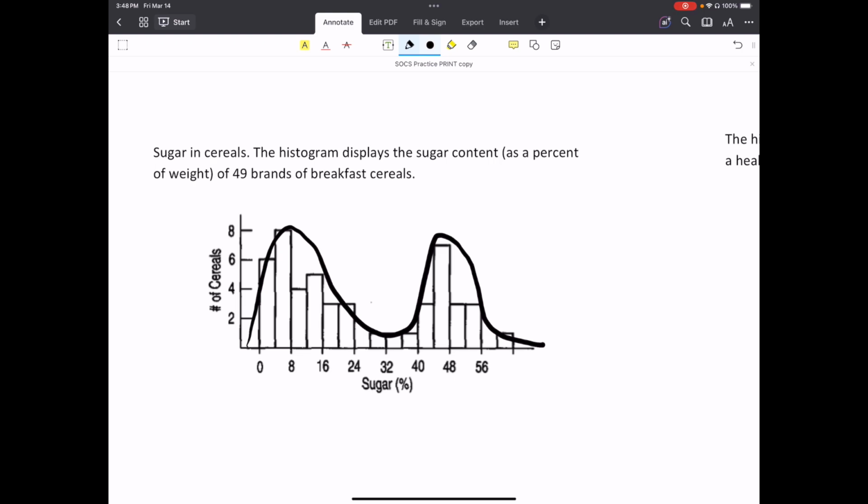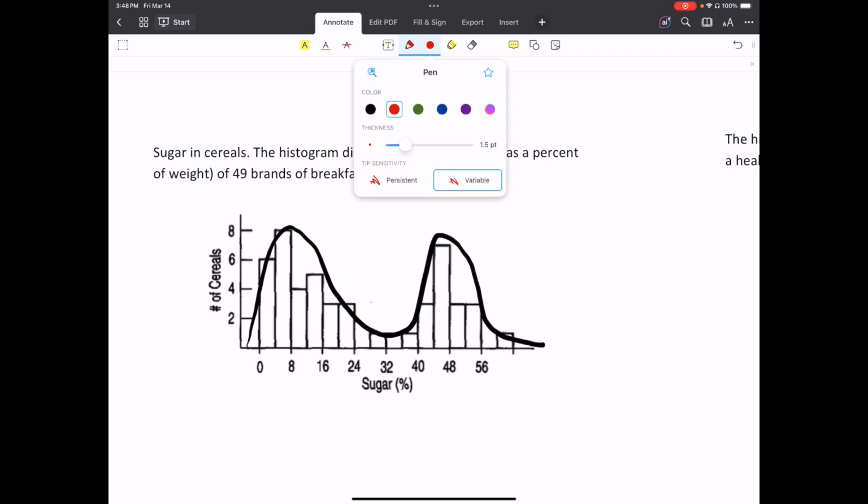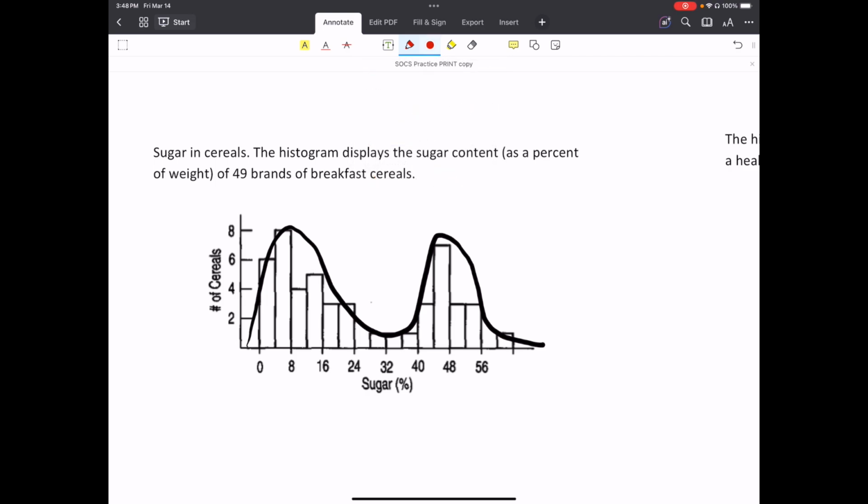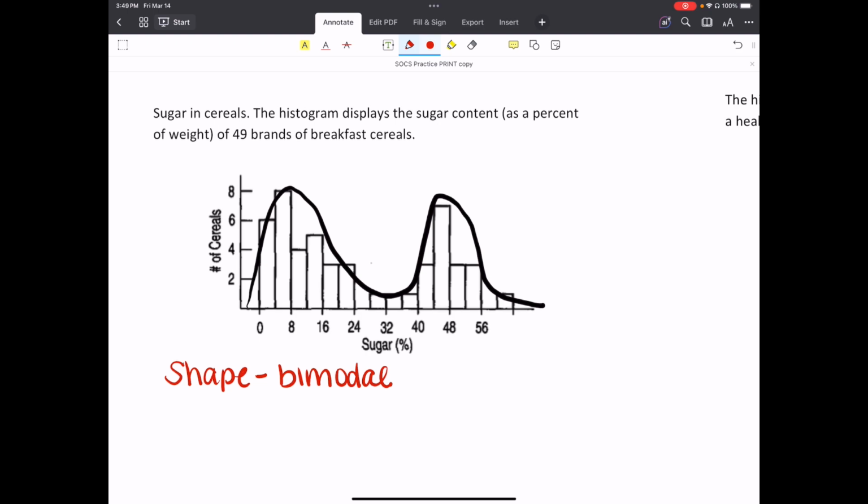So if we talk about shape, the shape of this graph, if you notice, it has two humps right there. So this is called a bimodal graph, meaning it has two modes, two humps, okay? And if we also look, it kind of looks symmetric, okay?